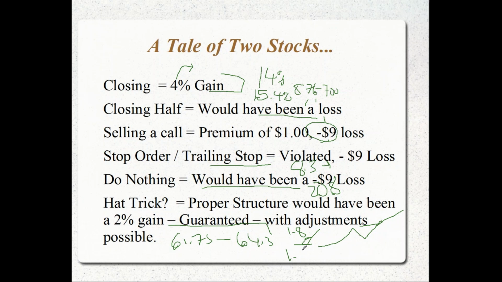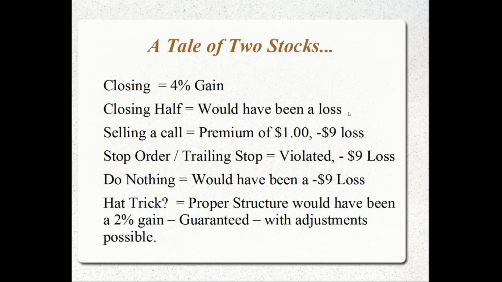So we would have made about 1.8% even with the stock trading at $53 per share. So that's a positive gain of 1.8%. And you saw what we already had on the existing position as well. Okay, so that's the tale of two stocks.